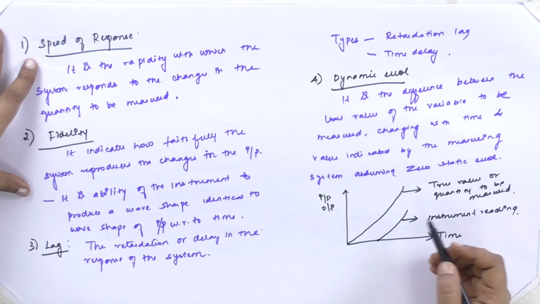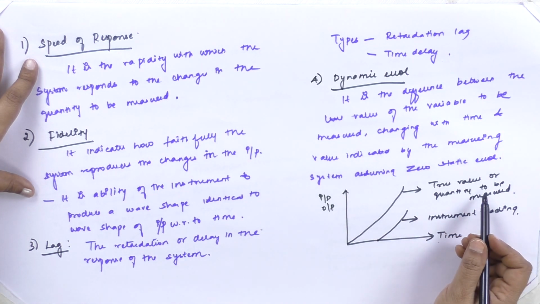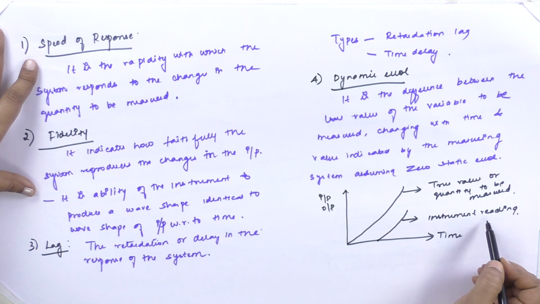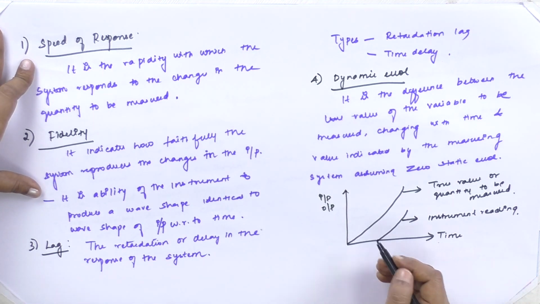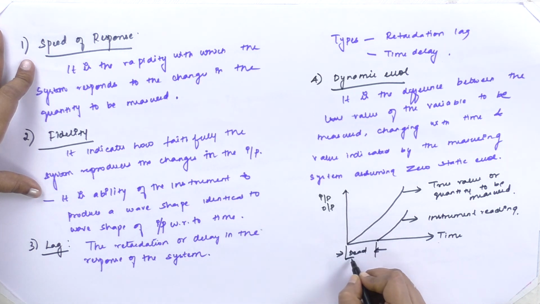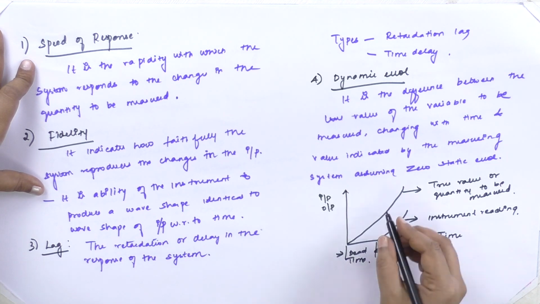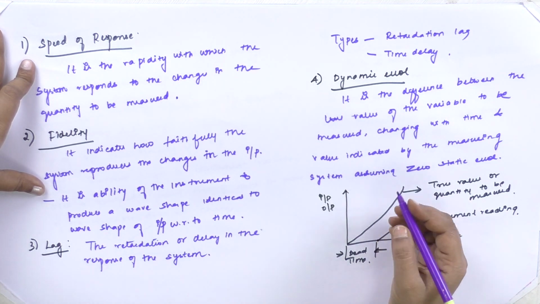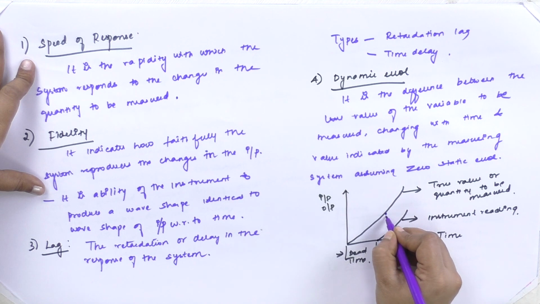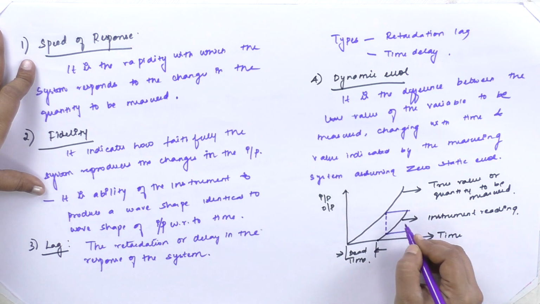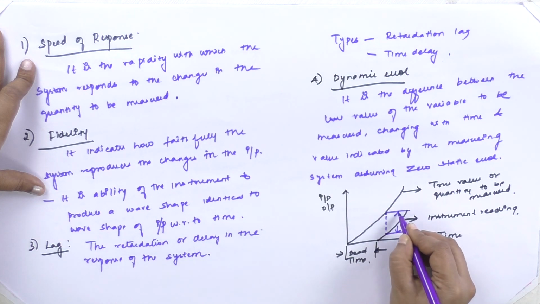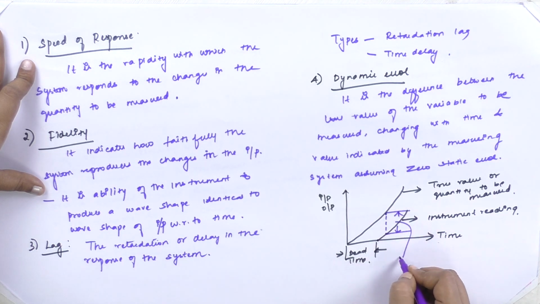We get two different characteristics, with a dead time between them, and there is a difference in the two readings. This difference is called dynamic error.